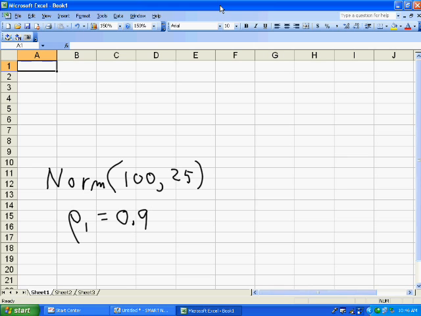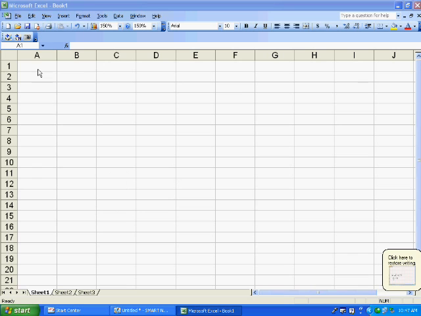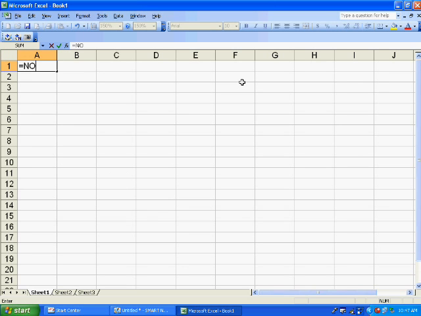The first data point is just the regular random variable that's normal. So in the A1 cell, we'll say equals NORMINV of RAND open close parentheses, the mean is next, that's 100, and then the standard deviation, 25.